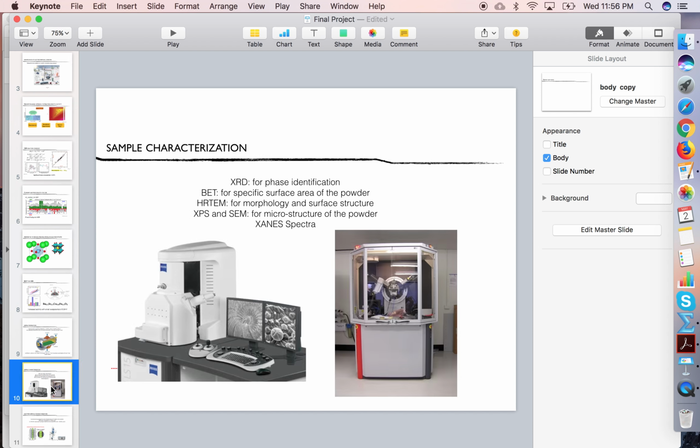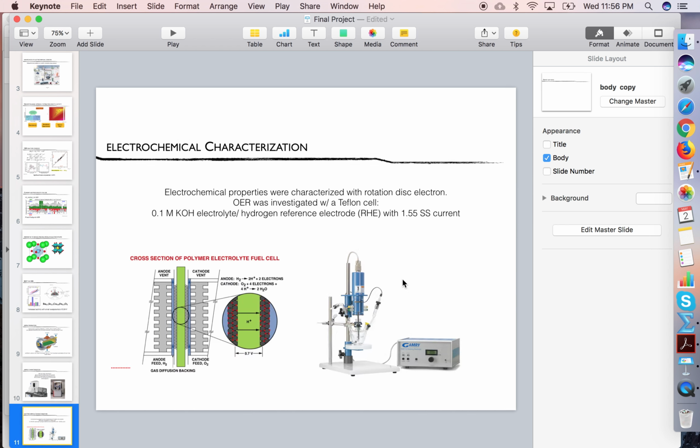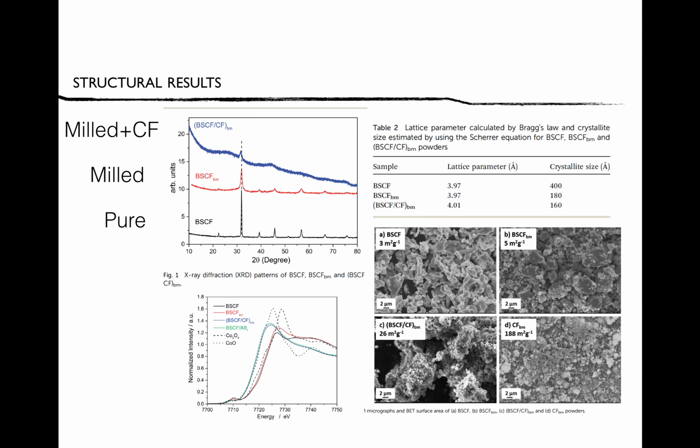So here we have the SEM, the XRD, and the rotating disk electrode setup here, and then it's just a rough estimation of a fuel cell we have here. So when we look at the structural results, let's identify what these are first.